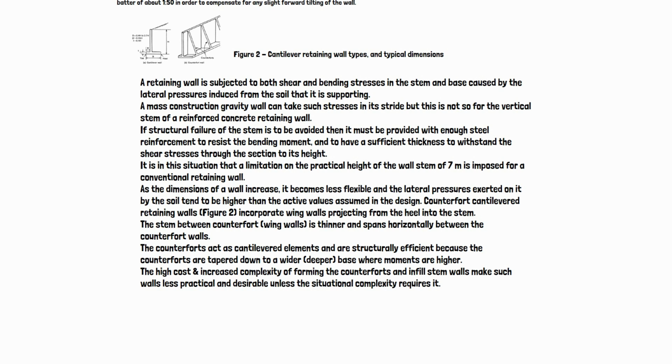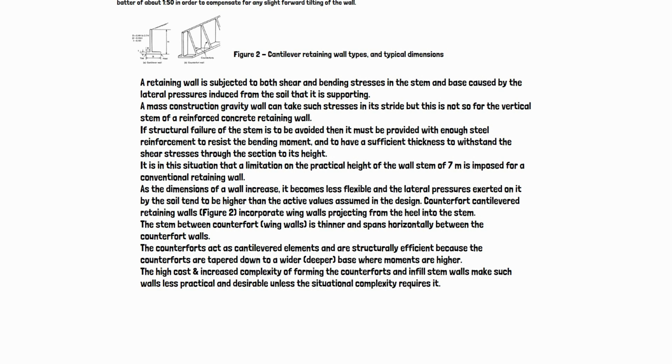A mass construction gravity wall can take such stresses in its stride, but this is not so for the vertical stem of a reinforced concrete retaining wall. If structural failure of the stem is to be avoided, then it must be provided with enough steel reinforcement to resist bending moment and to have a sufficient thickness to withstand the shear stresses through the section to its height.